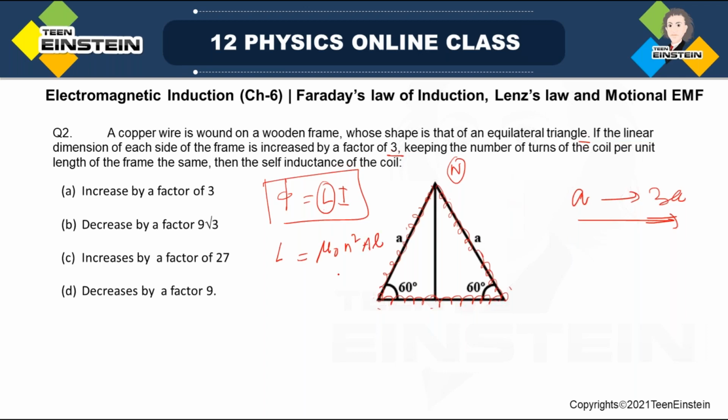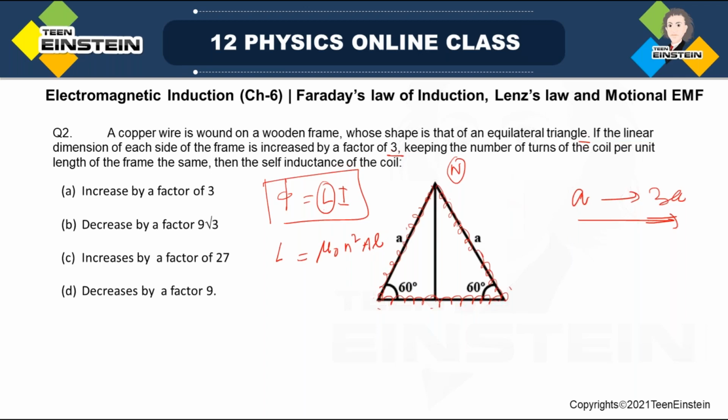What are these parameters? Mu naught is the permeability of free space, n is the number of turns per unit length, A is the area, and the small l is the length of each side.